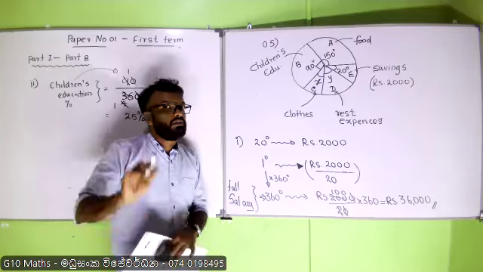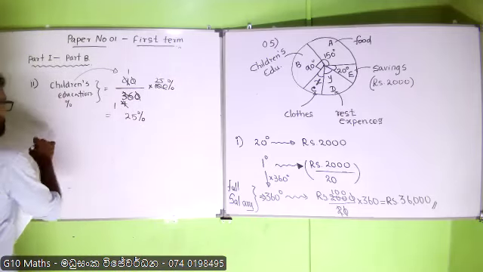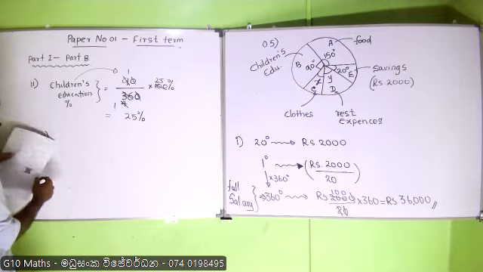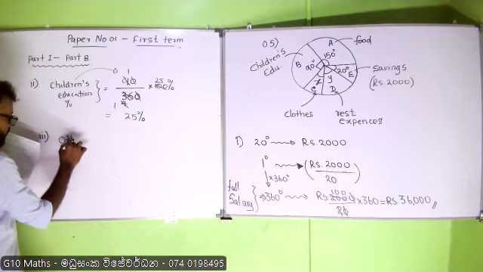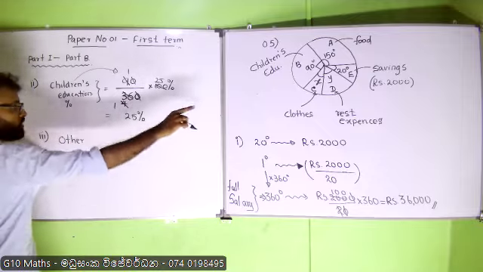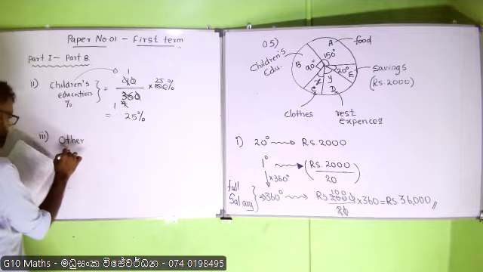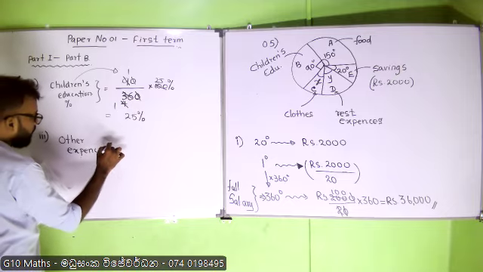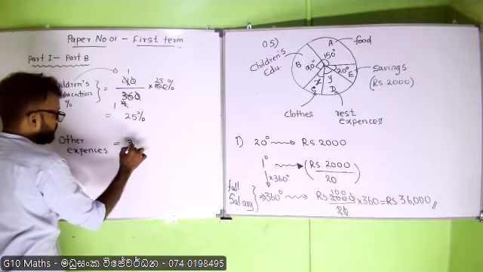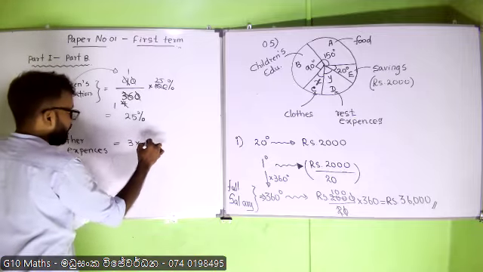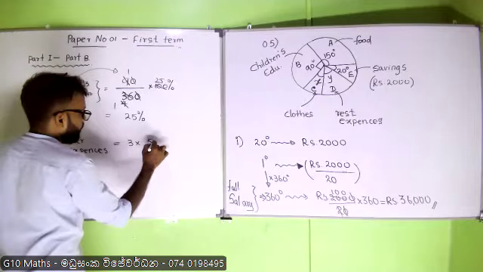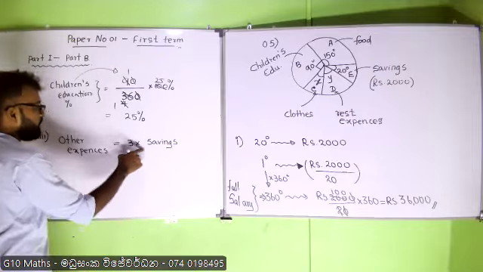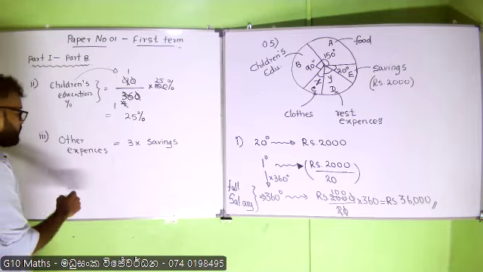When they are saying the third question, the rest of the expenses means other expenses. Other expenses equals 3 times savings.